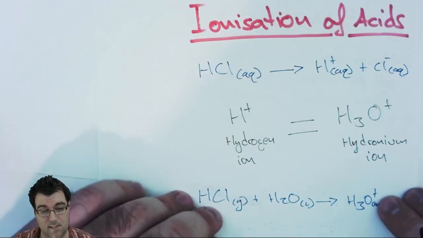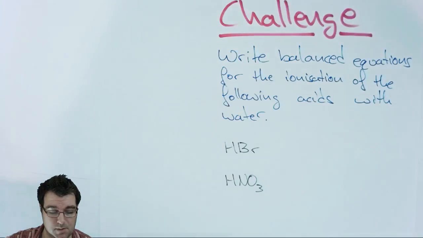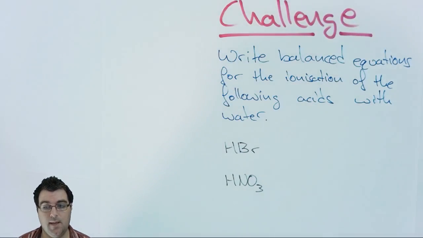To help you understand this concept, we're going to take a look at a challenge where we write the ionization equations of the following acids with water, specifically hydrogen bromide, which is a close cousin of hydrochloric acid and behaves very, very similarly. The only real difference is that it has a different boiling point.